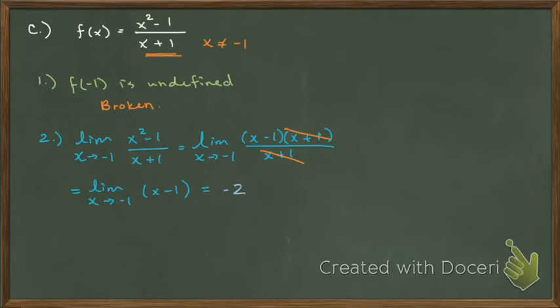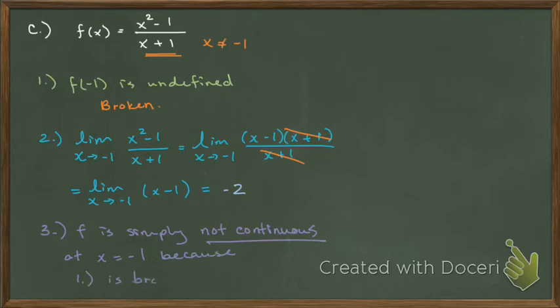So my function near -1 is behaving like -2. Right? So my function is approaching -2. And of course, then f is not continuous. The third criteria is broken because the first criteria is broken. f is not continuous at -1 because the first is broken.